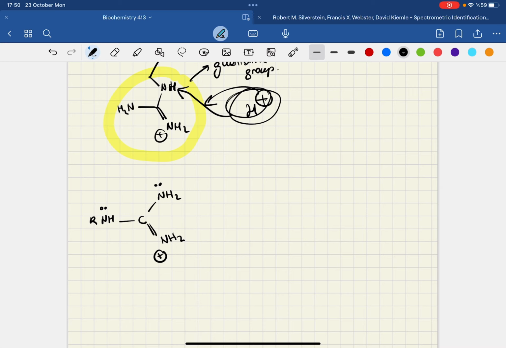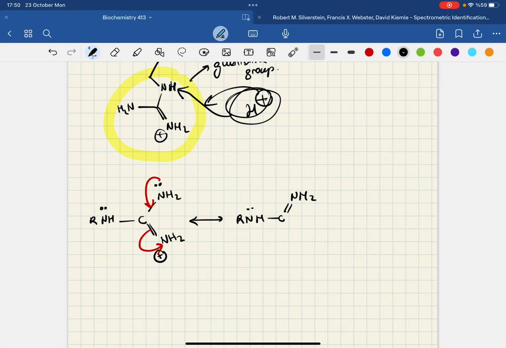What happens is that these 2 dots can go to the bond just below them, and then since carbon can't make 5 bonds, this double bond will go to the nitrogen below, so that its positive charge will be neutralized. All right, and then we have the following structure.